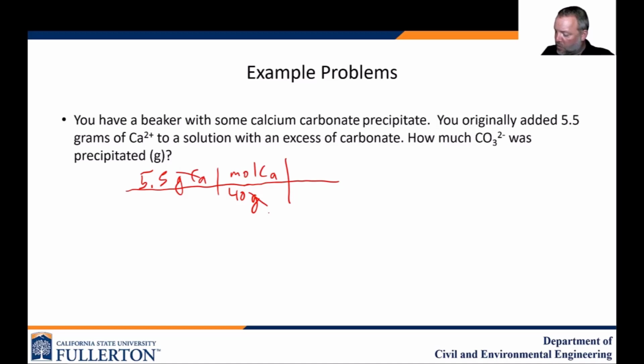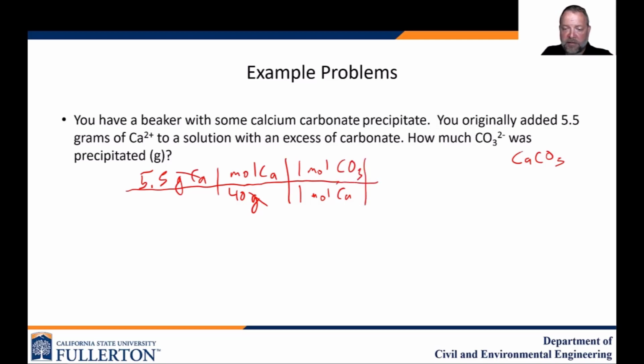We know that there is 1 mole of carbonate because calcium carbonate forms. So it's a 1-to-1 ratio. So we know it's 1 mole calcium per mole of carbonate. Okay.